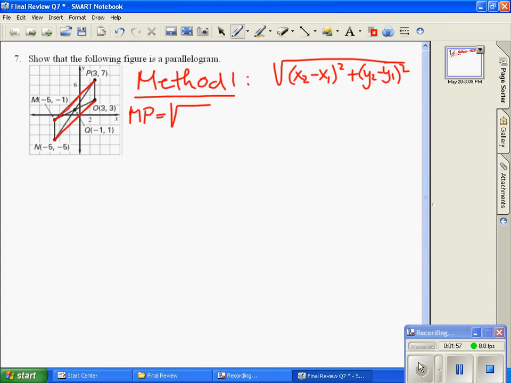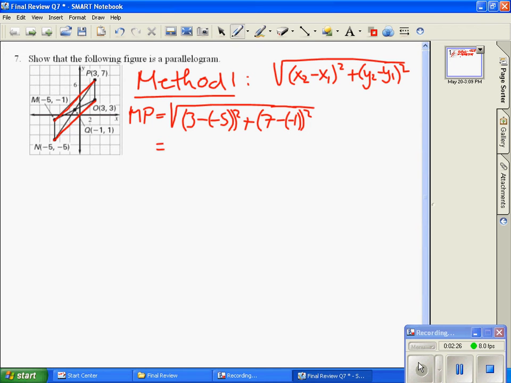So square root of, let's call P the x2. So (3 minus negative 5) squared plus (7 minus negative 1) squared. Okay, so let's work it out.